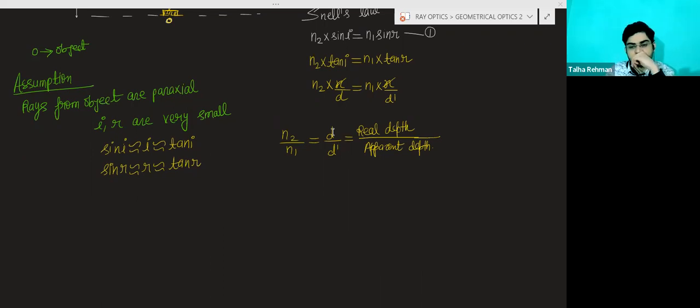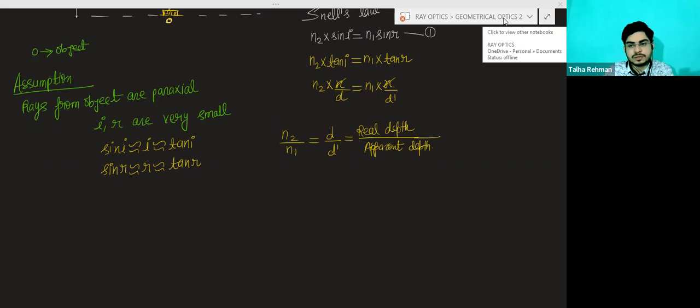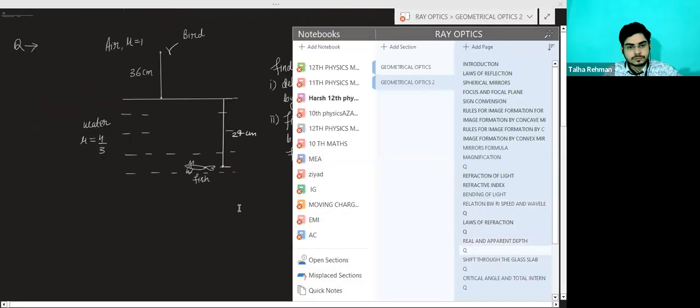So you have to remember n2 by n1 is equal to real depth divided by the apparent depth, and n2 is the refractive index of the medium from which the light is coming, and n1 is the refractive index of the medium in which the light is going. Okay, so we will now solve a numerical on this.